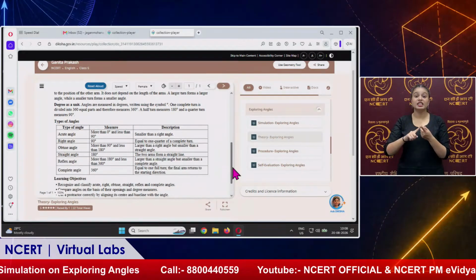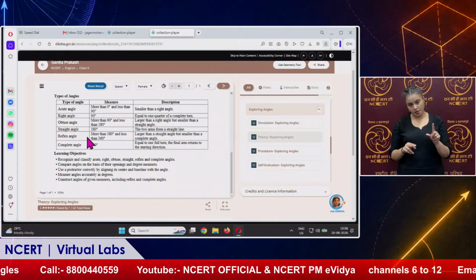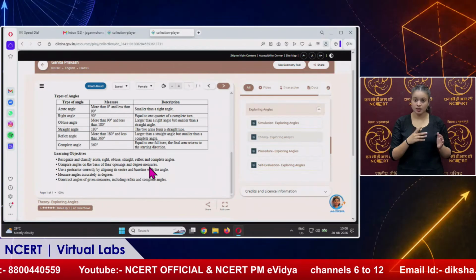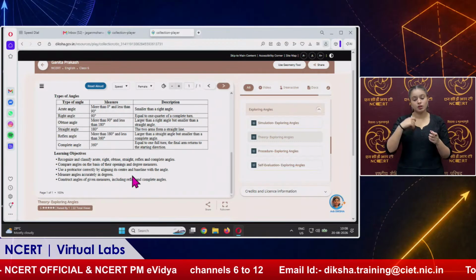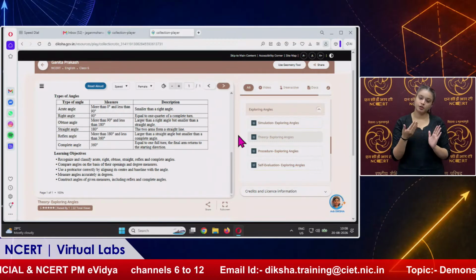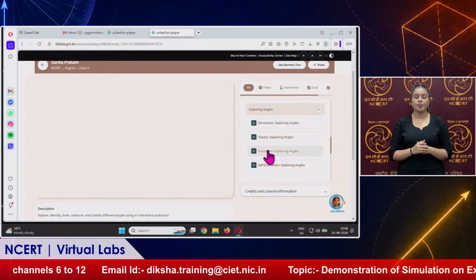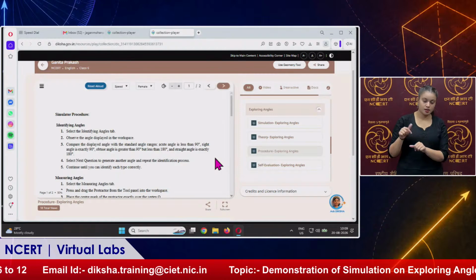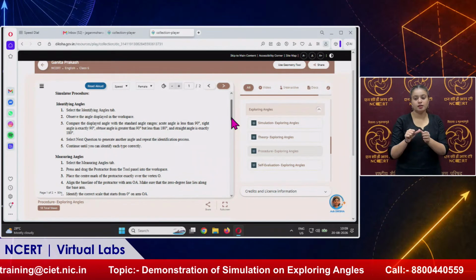And as we discussed here, different types of angles are there also, and based upon this theory, the objectives of what the student will be able to learn are also mentioned here. This is the theory part. And then the next step is procedure. This procedure is just like a navigation, how to navigate these activities.